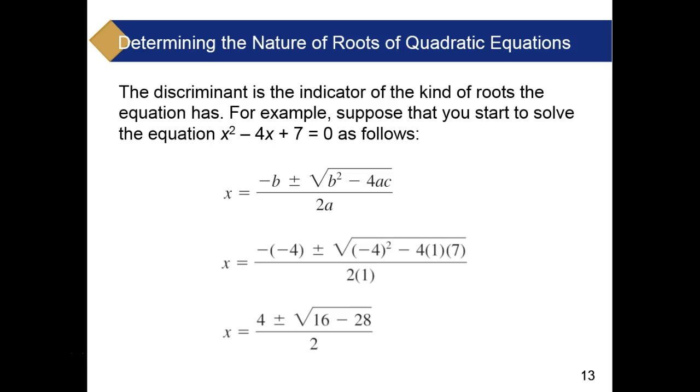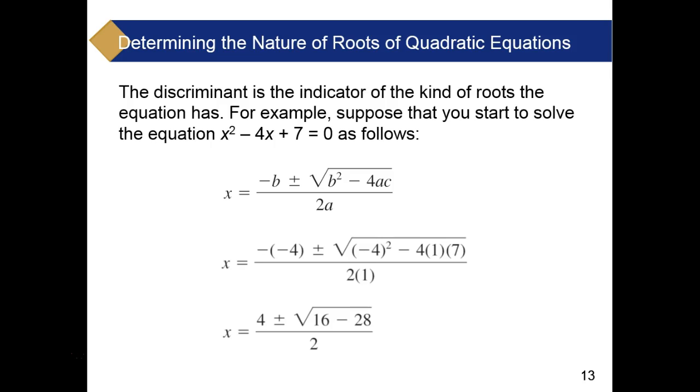So your answer, when you get this far, no real solutions. Now the book's going to take it a little bit further, and that's fine, because they're going to assume you know about complex numbers. Well, you do know about them, but we're not going to test you on that. Not yet. That'll be in a later course. Okay? So you can write down, as soon as you see this happen with the quadratic formula, no real solutions. None.